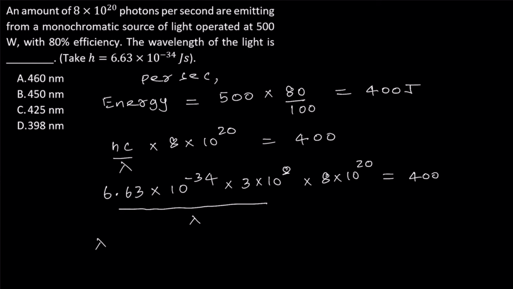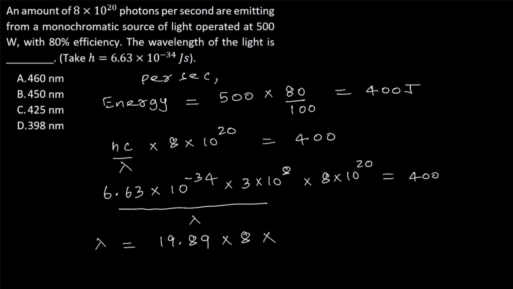So lambda is equal to, so let's multiply the number 6.63 into 3. So how much would that be? I think 19.89. So if you multiply, okay, into 8, and then let's look at the powers of 10.